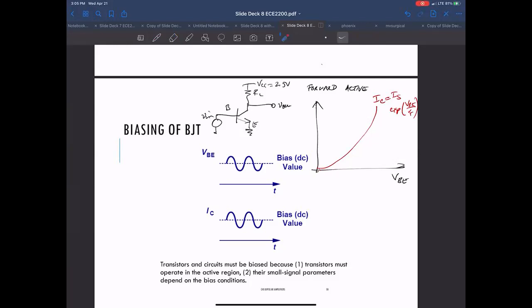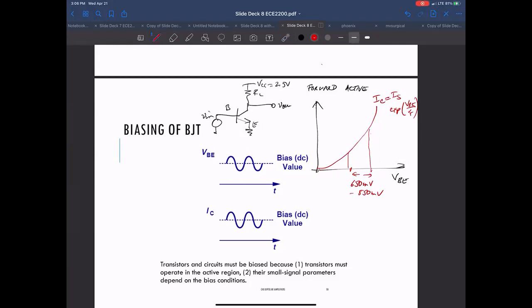So what you want is a happy medium, probably between 650 to 850 millivolts for a typical bipolar transistor, where you want to operate this device somewhere in this region.